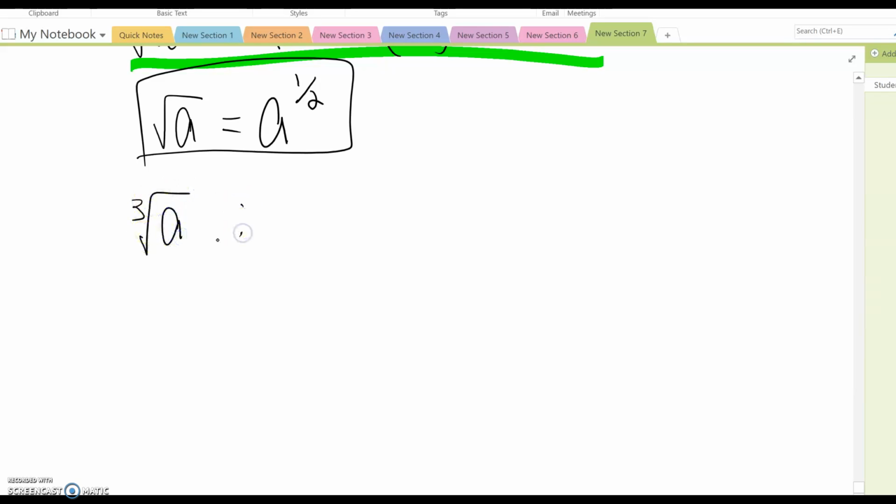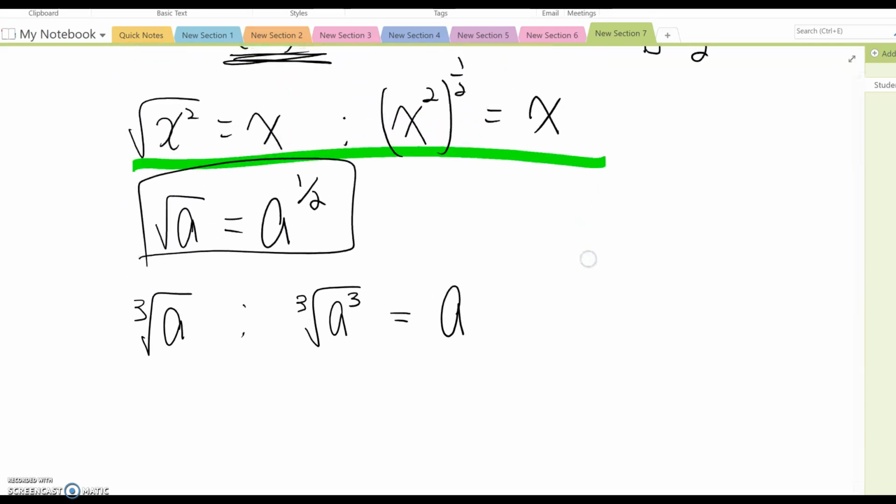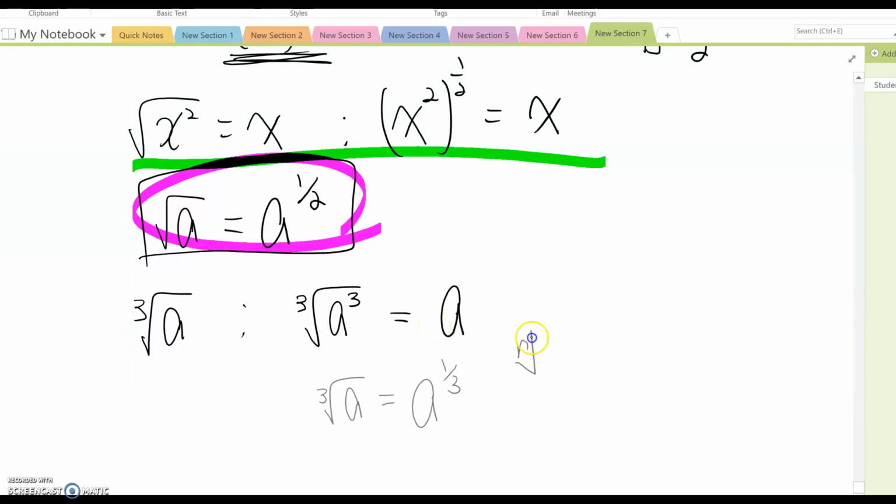In this case, cubic root a cubed must be equal to a single a, which means based on this concept, we can make the property: cubic root a means a to the 1/3 power. Similarly, n root a means a to the 1 over n power.